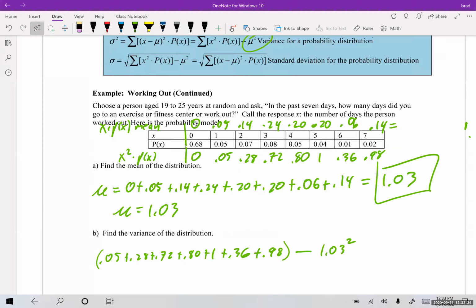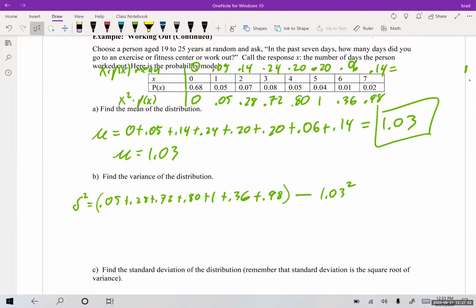So find the variance. So the variance, sigma squared, is equal to 4.19 minus 1.03 squared. So let me do this on my calculator.